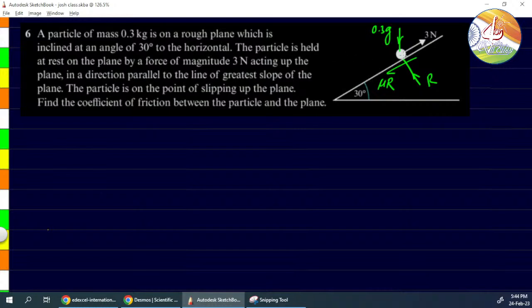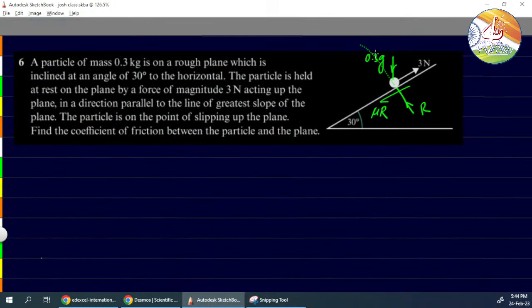So now we take this line as the y-axis, and this line we need to take as the x-axis, right? What will be this angle? This angle will be 30 degrees.